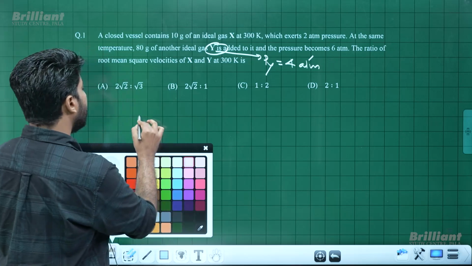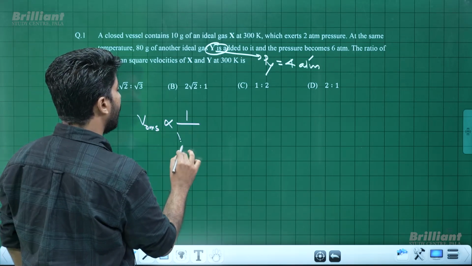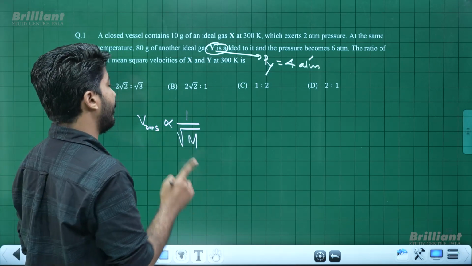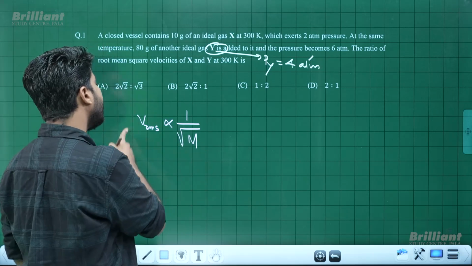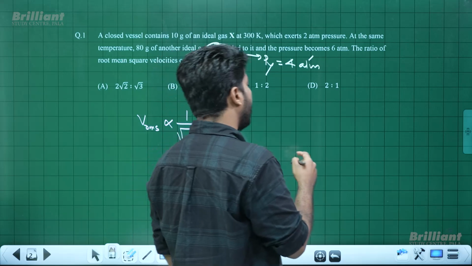And we know that RMS speed of an ideal gas is inversely proportional to the square root of molar mass, right? Temperature is fixed. If temperature were also variable, it would be root of T by M. So here we can take this simple inverse relation with square root of molar mass.